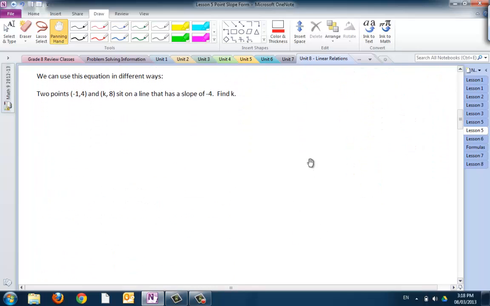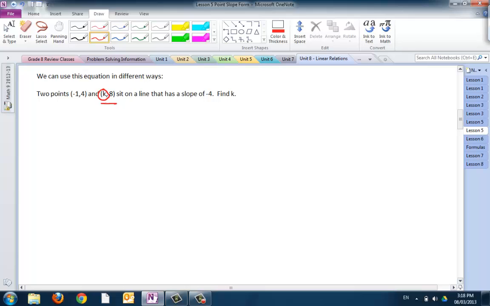So here is the first type of question that I want to show you today that you might see on quizzes and tests. You'll notice that the only thing different from what we just did was that in this particular ordered pair, one of the values is represented by a variable.